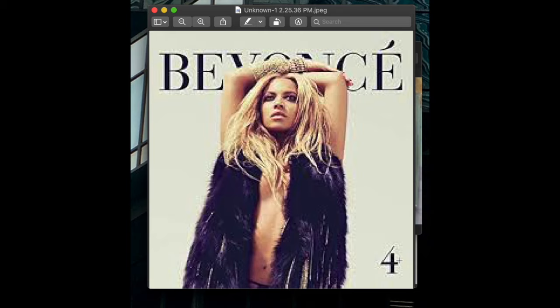The low angle suggests that she is quite a dominant, strong and powerful figure, and the fact that her image is overlapping her name would suggest that she's already too famous, that she doesn't need to show her whole name.